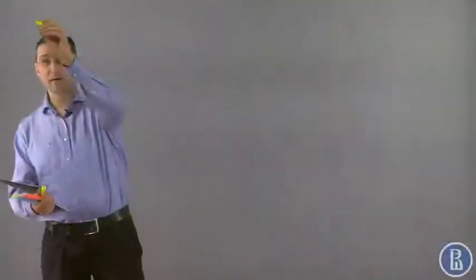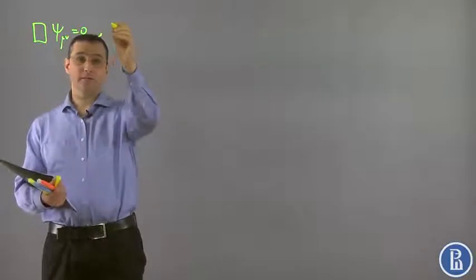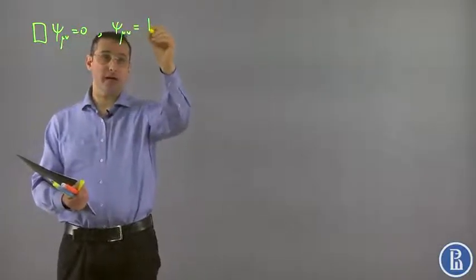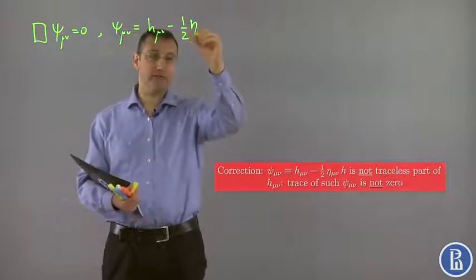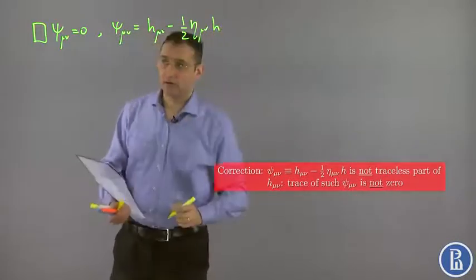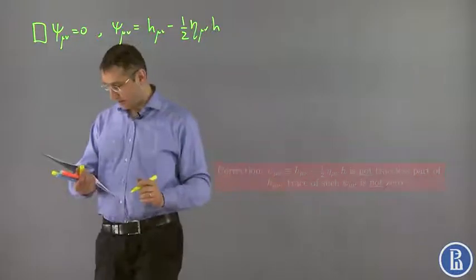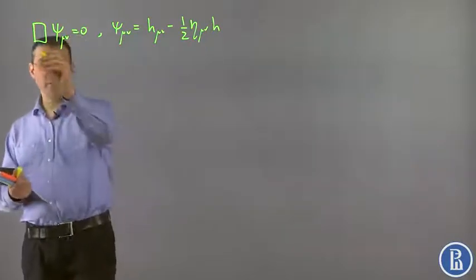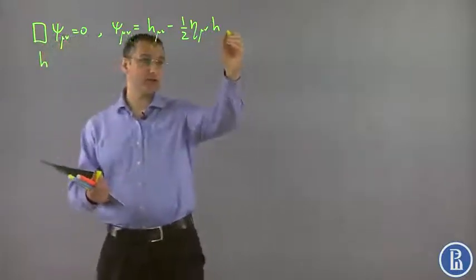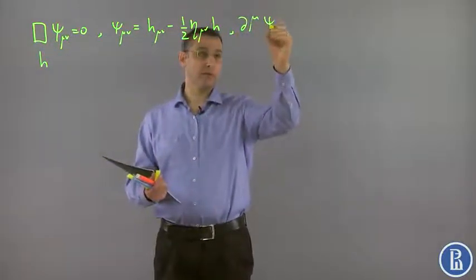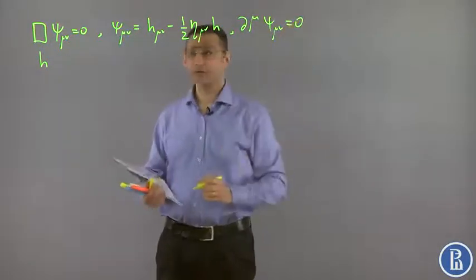So we are looking for free gravitational waves, so we are solving this equation with psi mu nu equal to h mu nu minus the trace part of h, basically. And we have been looking for the solution of this together with the gauge condition. The gauge condition is that d mu psi mu nu is equal to 0.